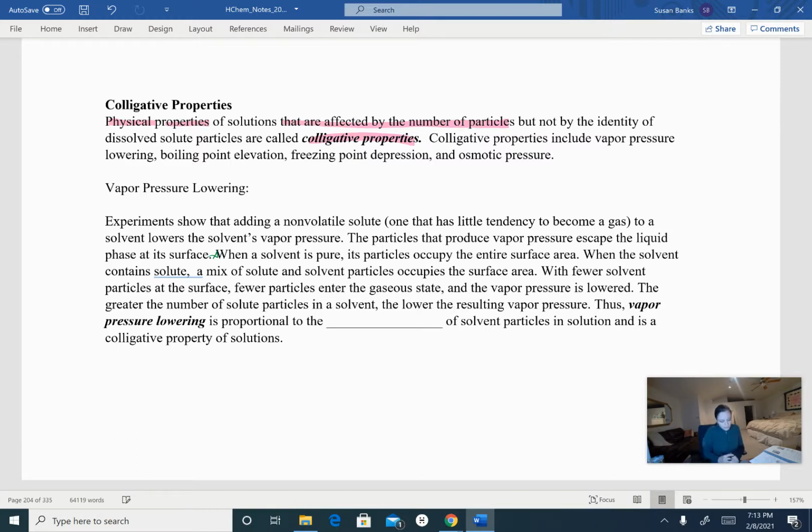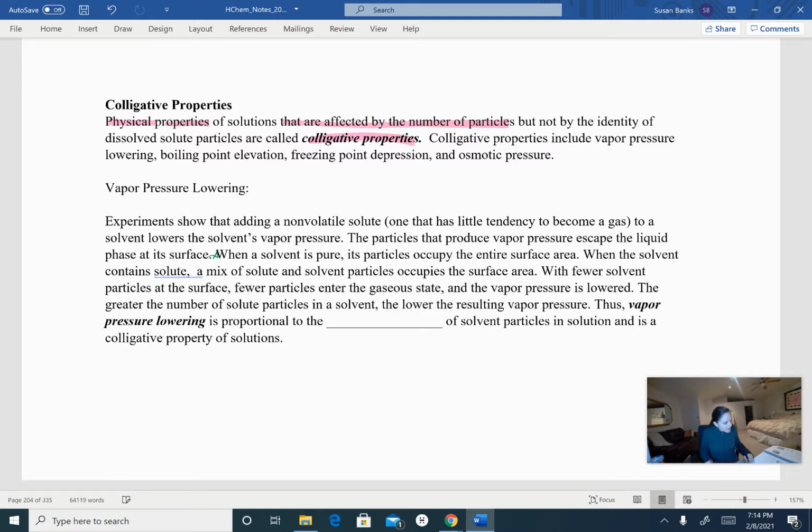Some of it's taken up with the solute. So that means that we have fewer solvent particles at the surface. Fewer particles at the surface mean fewer of those, statistically speaking, are going to have enough kinetic energy to escape into the gaseous phase. So the overall effect is that we have a lower vapor pressure.